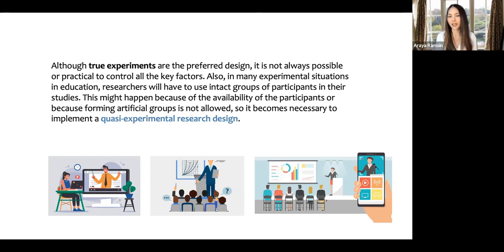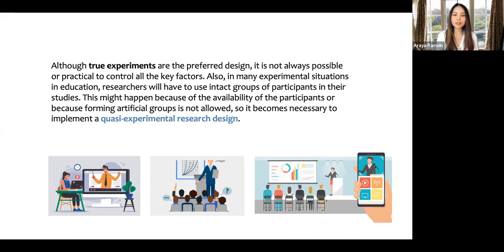They cannot randomly select them sometimes. So researchers have to use intact groups of participants in their studies. This might happen because of the availability of the participants or because forming artificial groups is not allowed. So it becomes necessary, and that is why you have to implement quasi-experimental research, okay?